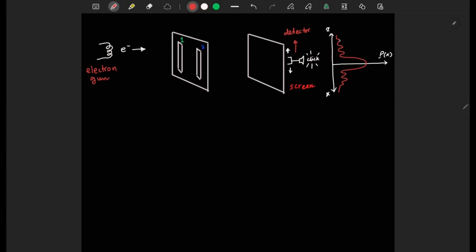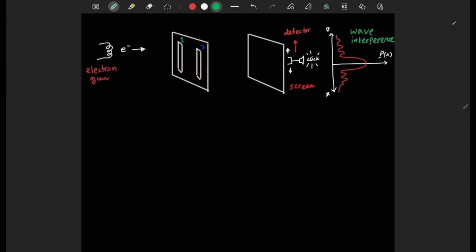That means the amplitude, or basically the probability, of electrons reaching right on the edges of the screen, let's say here, is not zero. They have a maximum, then a minimum, and then a maximum again. So essentially, this is what you would expect from traditional wave interference. So what does that mean?